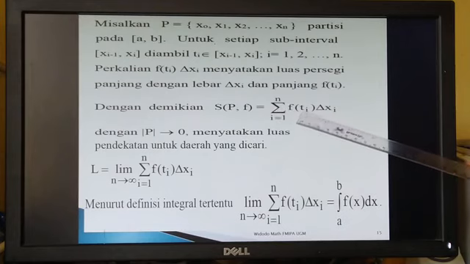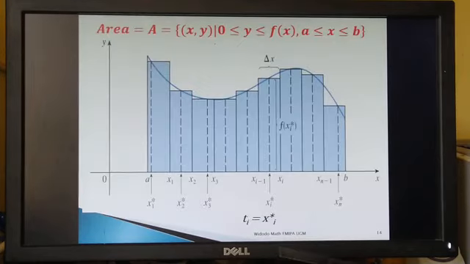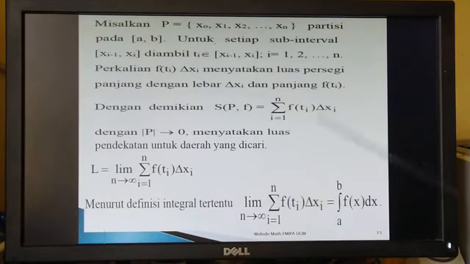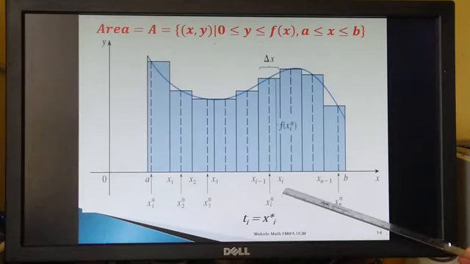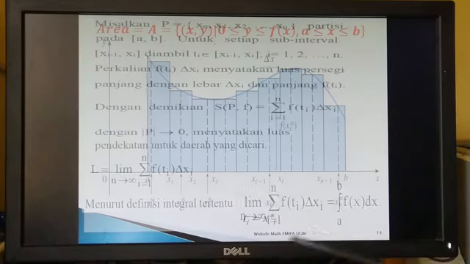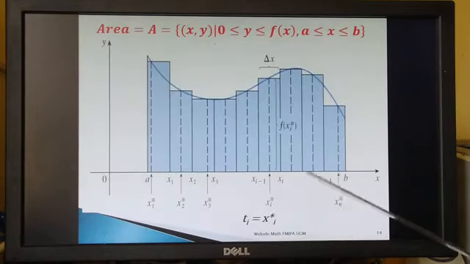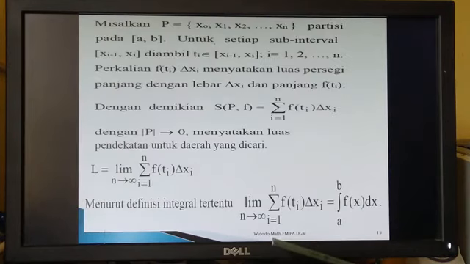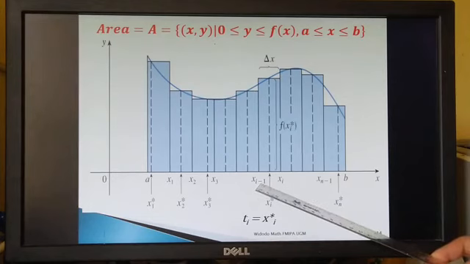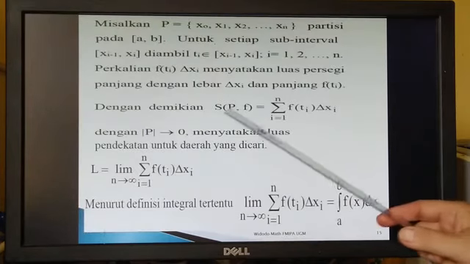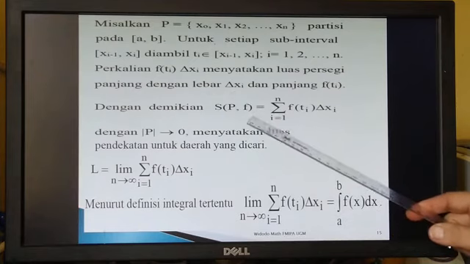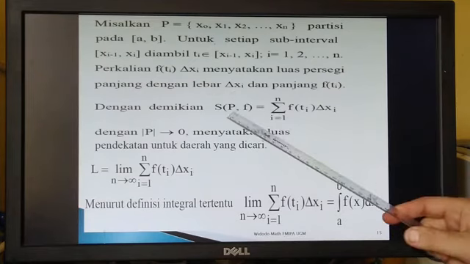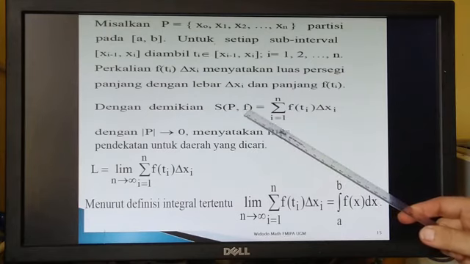That is the sigma of f(ti) delta xi, where ti is equal to xi star and delta xi is xi minus x(i-1). This sum is a number depending on the partition P and depending on the function f.